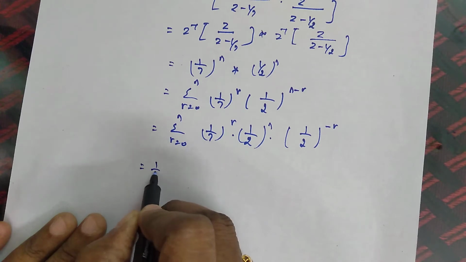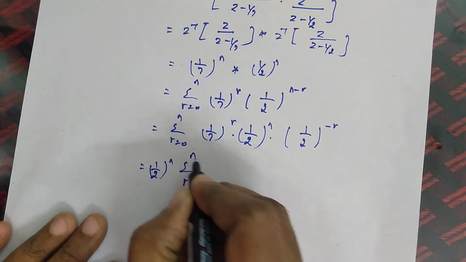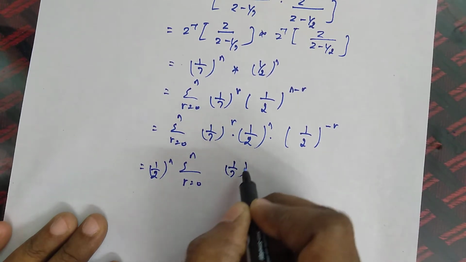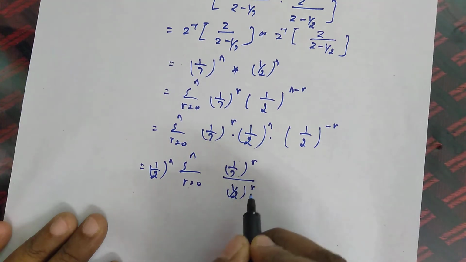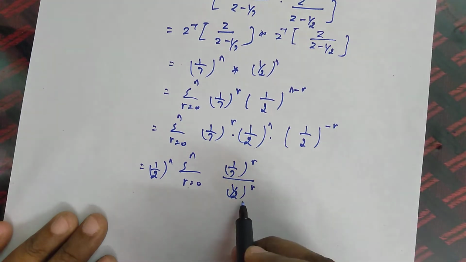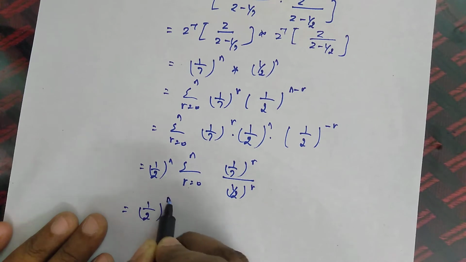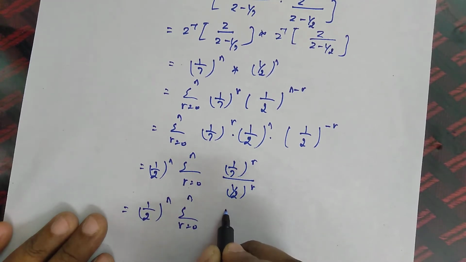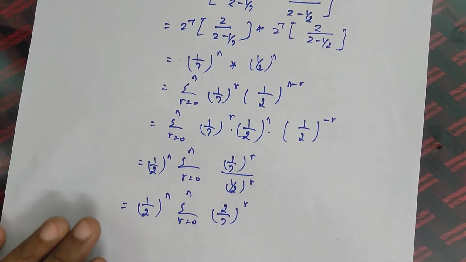So 1 by 2 power n sigma r equal to 0 to n, 1 by 7 power r divided by 1 by 2 power r, actually this minus r we have written in the denominator. So that is equal to 1 by 2 power n sigma r equal to 0 to n, and this can be written as (2 by 7) whole power r, because we are going to give values for r.